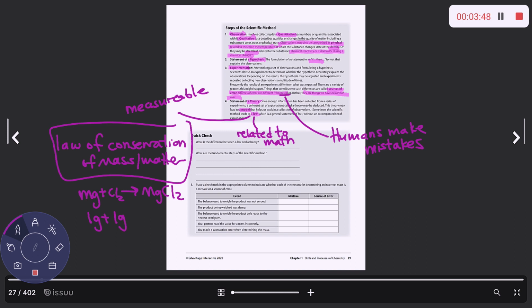When you add those two together, I would get 2 grams, agreed? So when they say mass is conserved during chemical reactions, when chemical reactions occur in a sealed container, you shouldn't be losing anything. So that means that theoretically, the mass of my reactants should equal the mass of my products. This is measurable. This would be an application of the law of conservation of mass, okay? So the sum of the reactants equals the sum of the products.